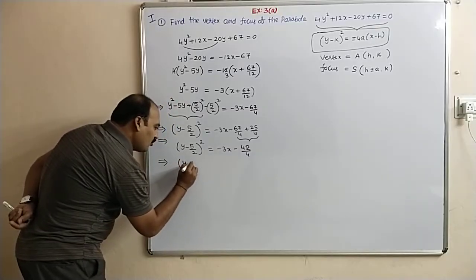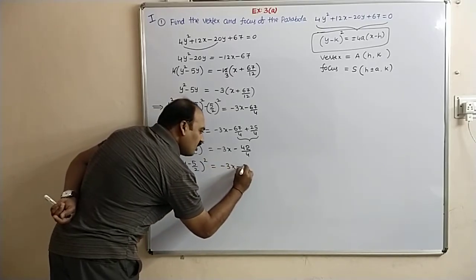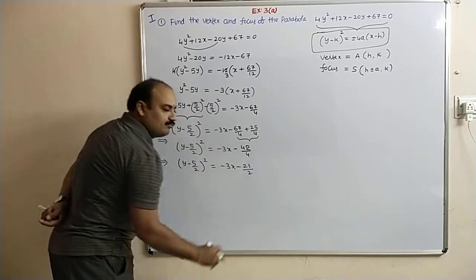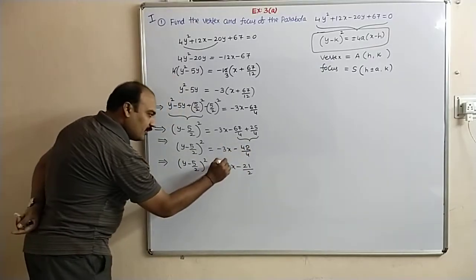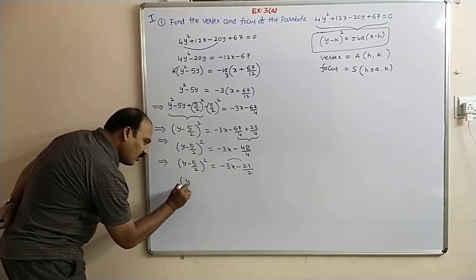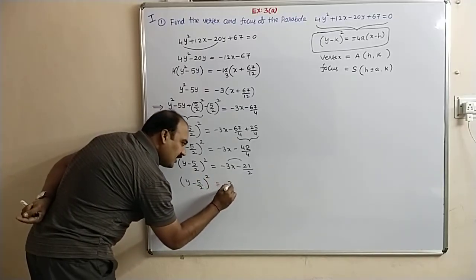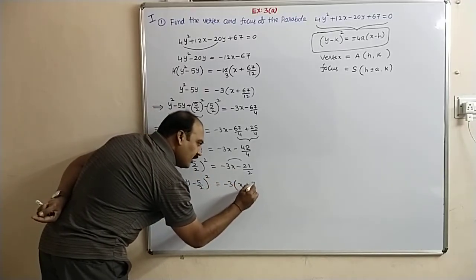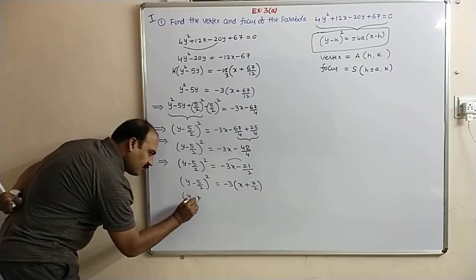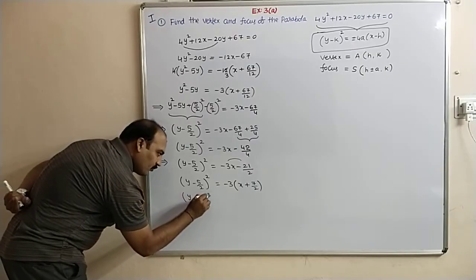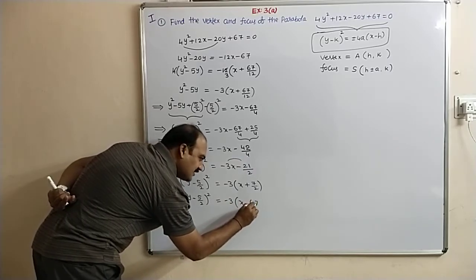Y minus 5 by 2 whole square is equal to minus 3x minus 21 by 2. From these two now take minus 3 common. Y minus 5 by 2 whole square is equal to minus 3 into x plus 7 by 2. This can be written as x minus of minus 7 by 2.